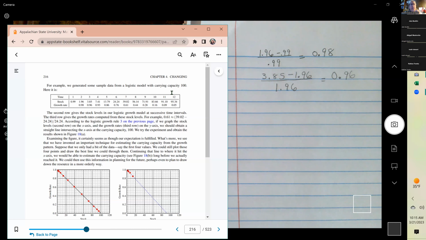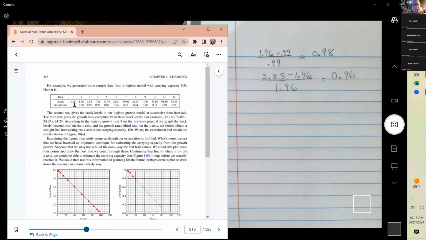Carrying capacity is 100. I was looking to see if that was hours or days, but it's not saying.